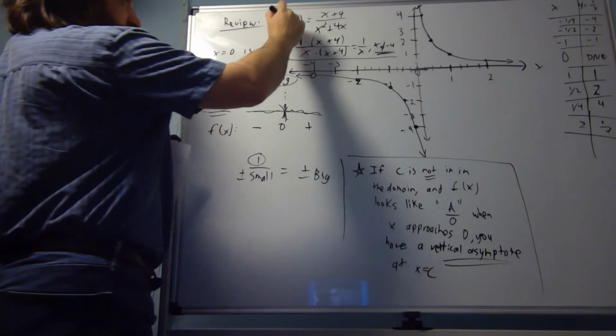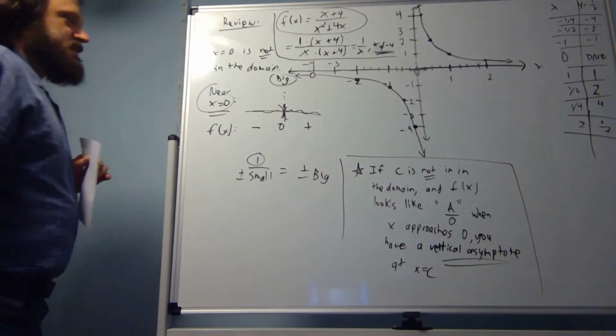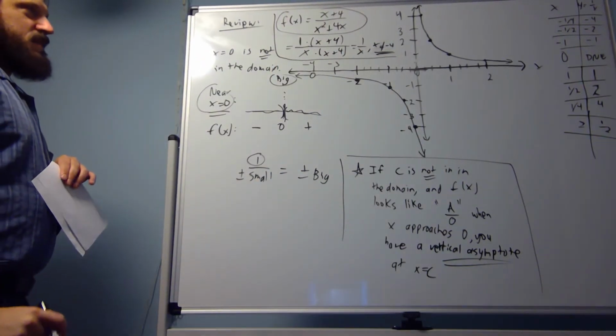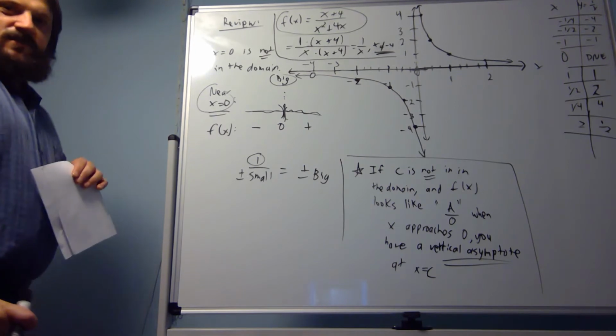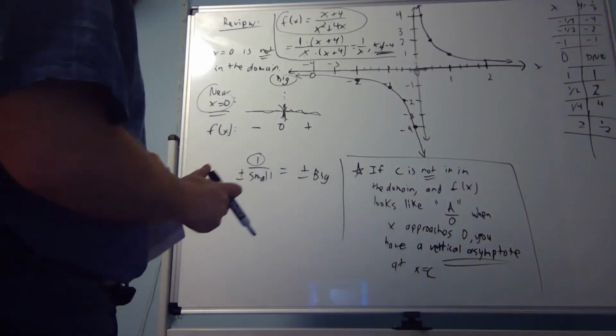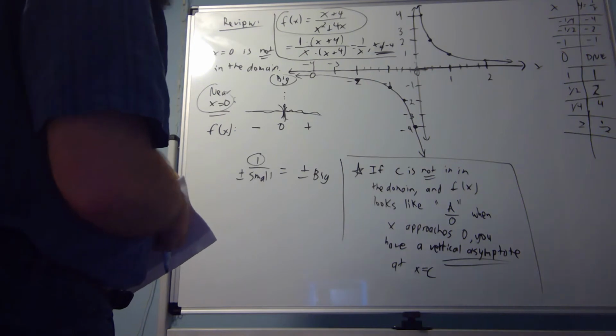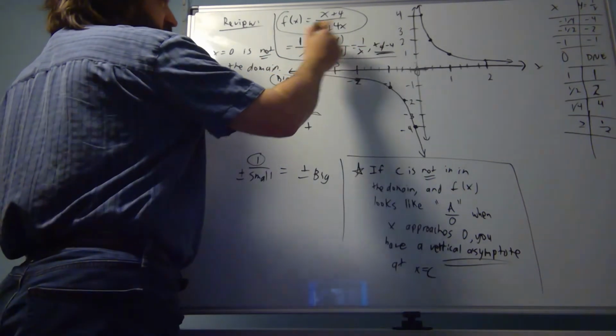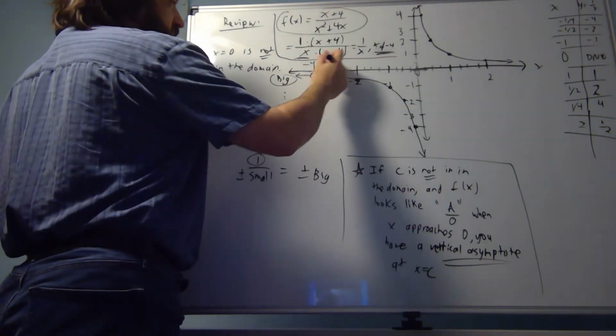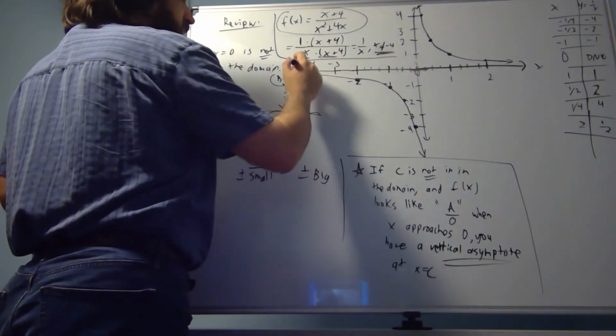Why? Because the original function, the way we actually defined it, says that the function itself is totally undefined just at that one x value. Everywhere else it's fine, except at -4 it's undefined, and then you're dividing by 0 again at x equals 0.